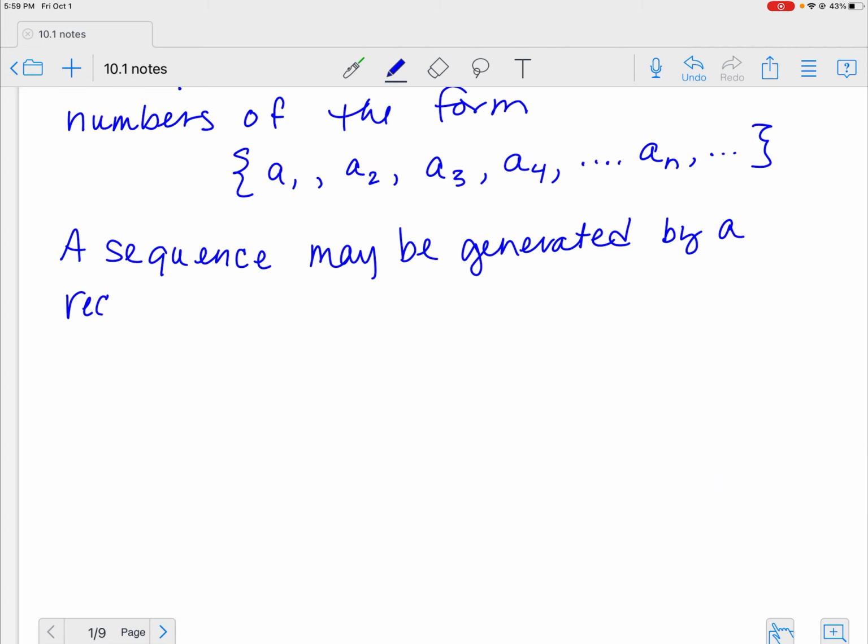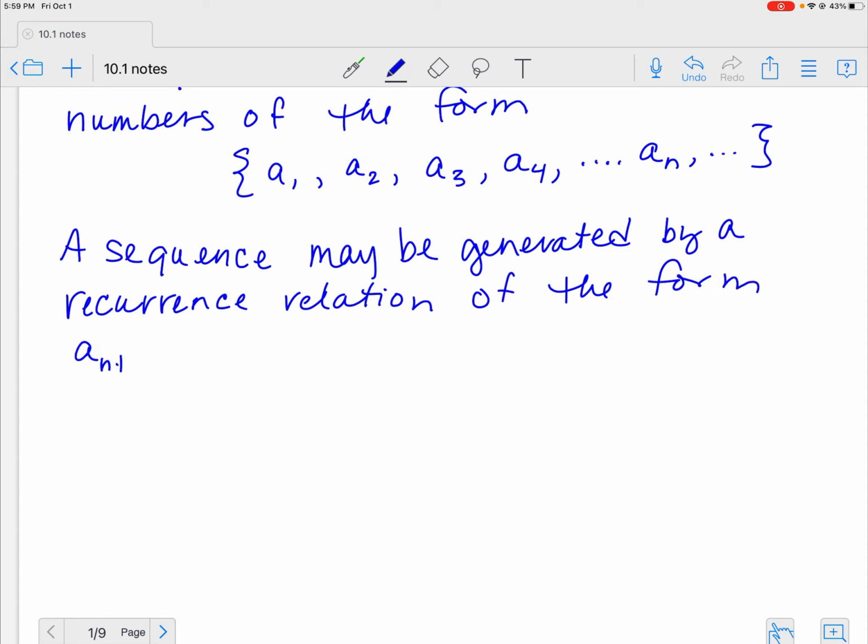By a recurrence relation of the form a sub n plus 1 equals f of a sub n for n is equal to 1, 2, 3, so on and so forth, where a sub 1 is given.